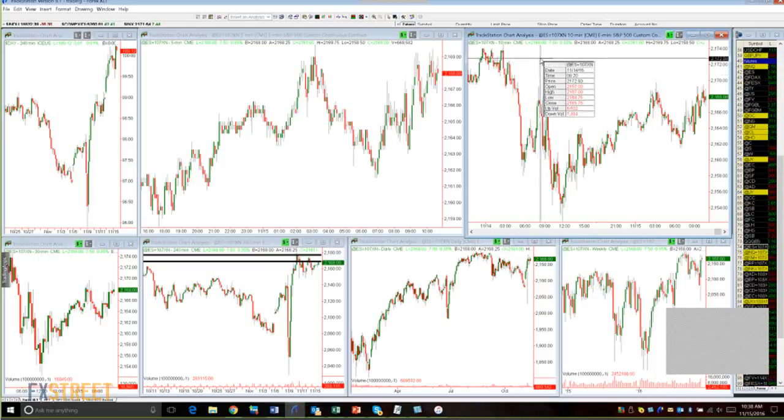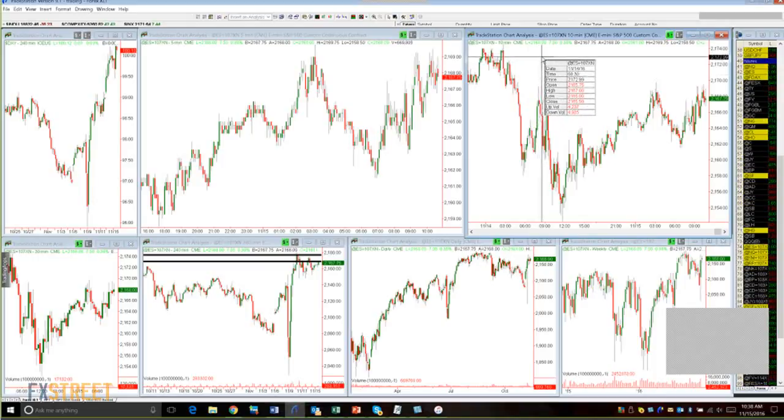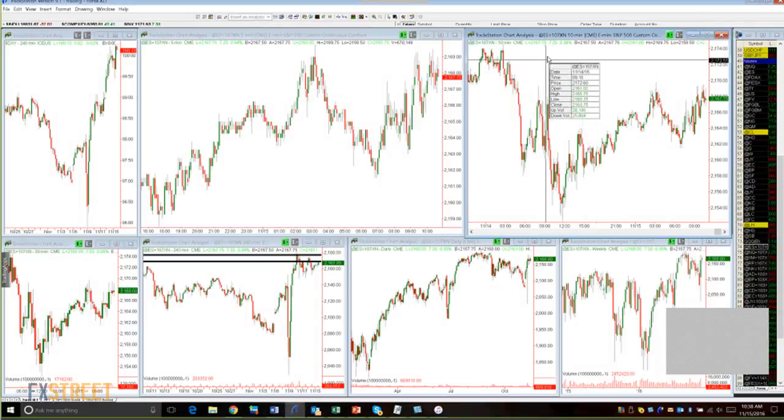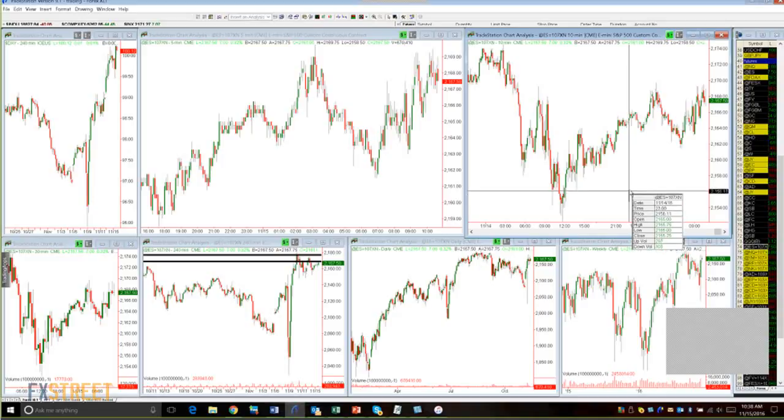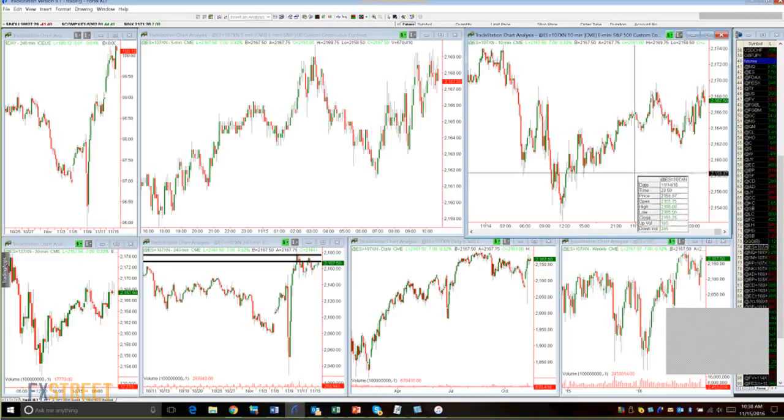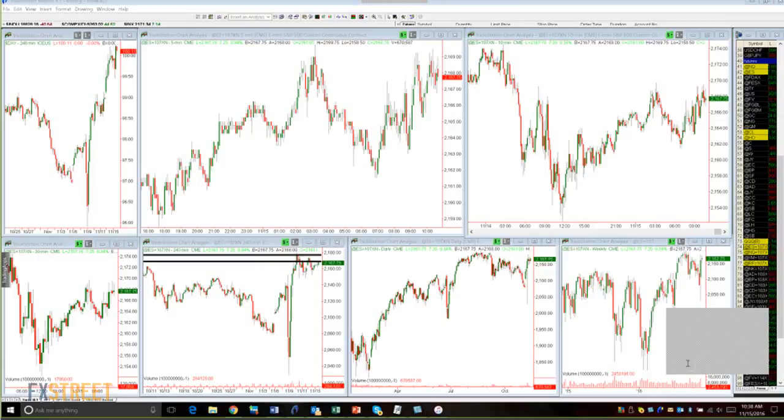Shorting at this level, putting your stop above this pivot high at 73, for a move down to safely, I'd say 58. So risking 3 to make about 12. Does that make sense? Just make sure you're okay with the risk. Remember, the S&P is $50 a point.